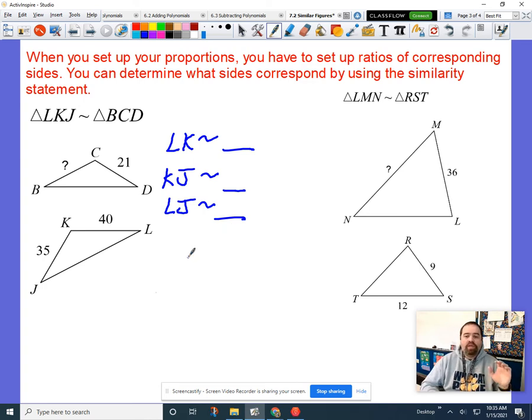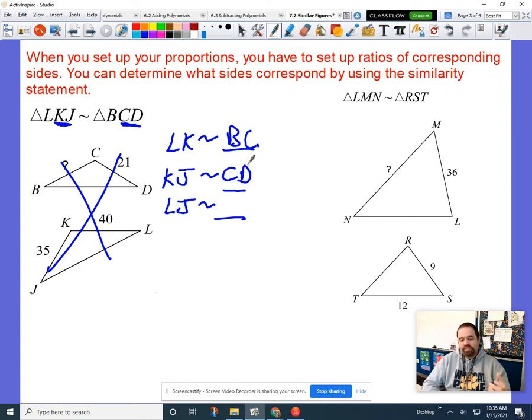Okay? This might even be easier to do without the pictures altogether. So I'm going to use just the names here. LK is going to be similar to BC. Okay, you see I did that? I used the letters over here in the name. Another one, KJ. So the second two letters, the middle and last letter, is similar to the middle and last letter here, CD.